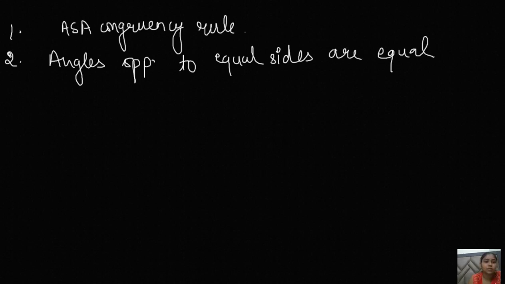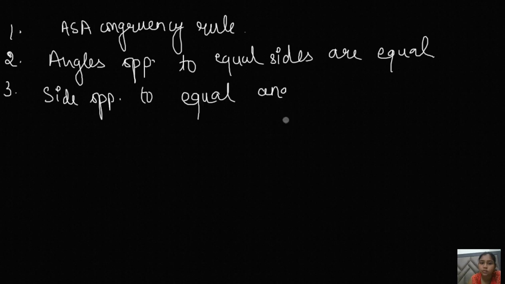Our third theorem of chapter number 7 is that sides opposite to equal angles are always equal, right?